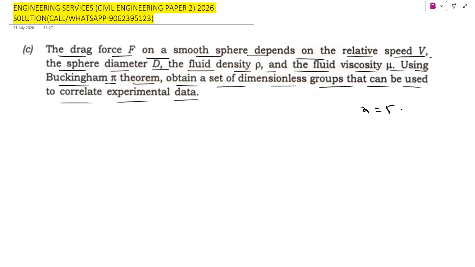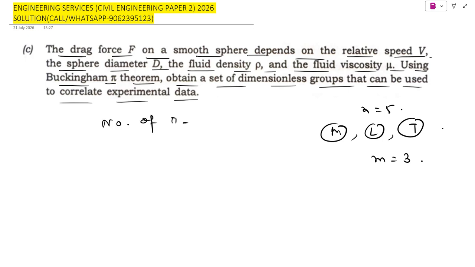The variables involve the mass, the length, and the time, and hence m is 3. So according to the Buckingham pi theorem, the number of pi terms is n minus m. Okay, so 5 minus 3, this is 2. So we will obtain two dimensionless groups.